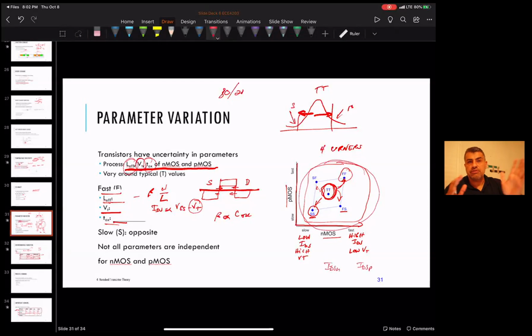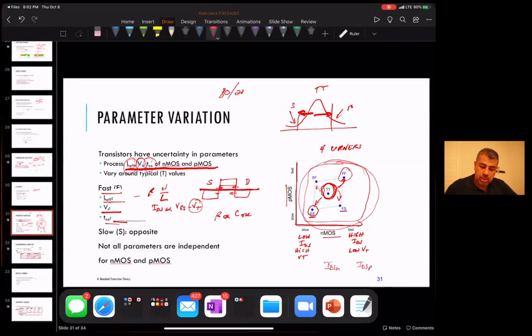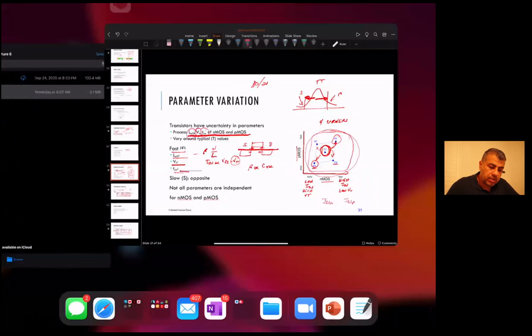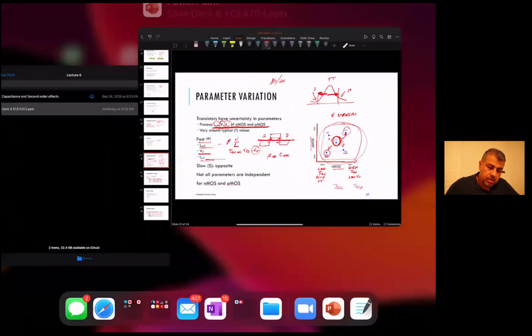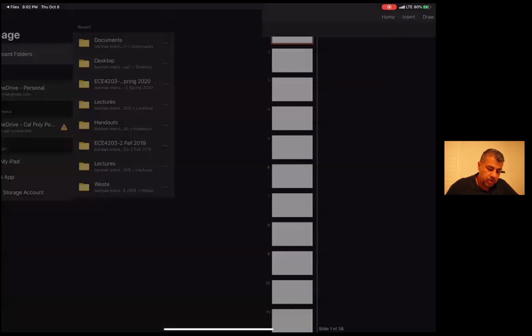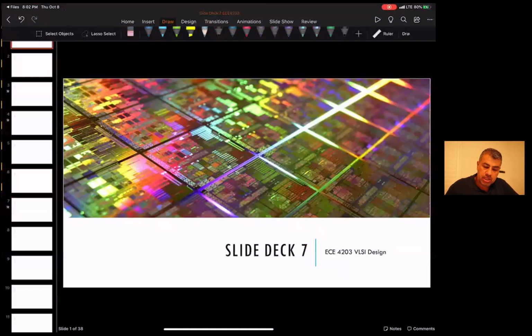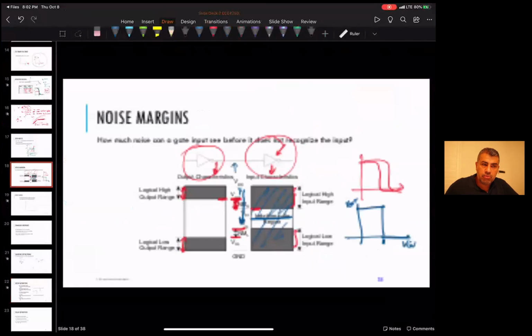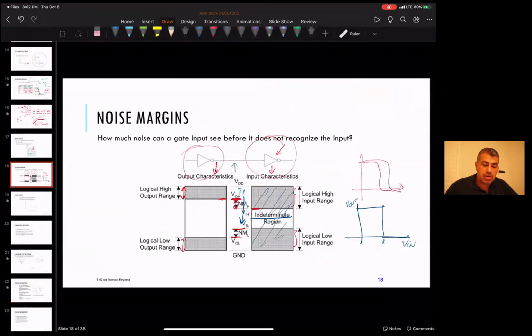So you're getting this variability, meaning that if you design your chip, you started with some assumption about these transistor sizes and this behavior of the transistor. I'm going to make beta N equal to beta P, and put my switching point right in the middle.